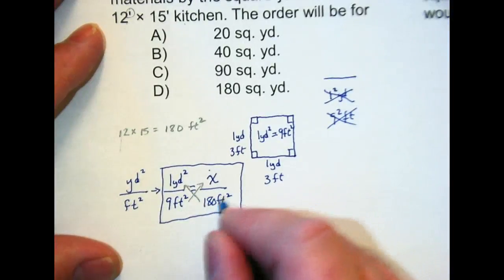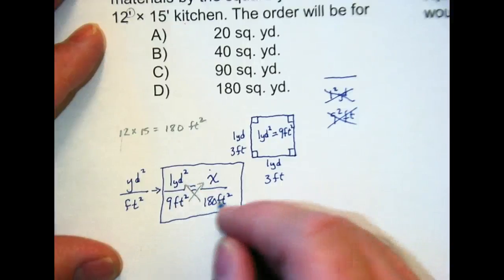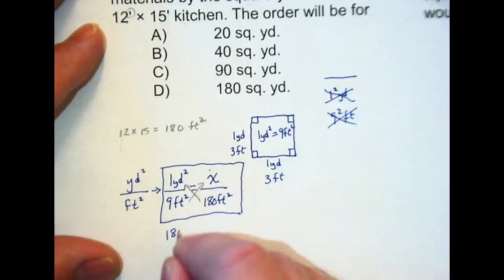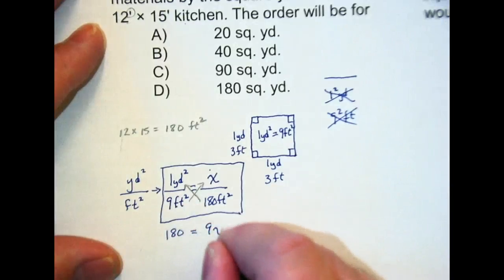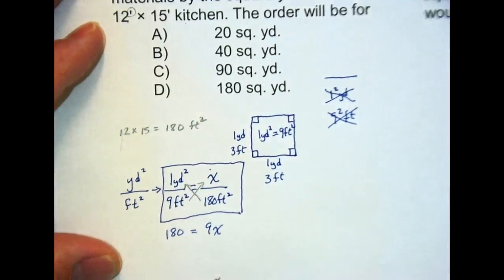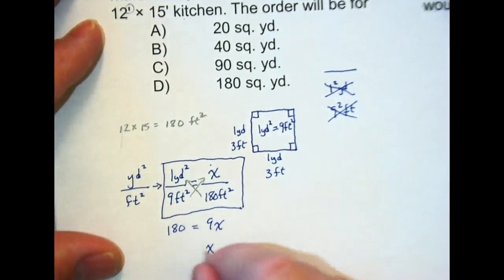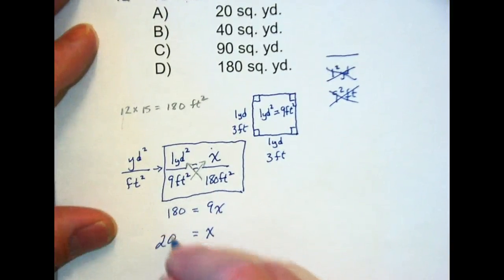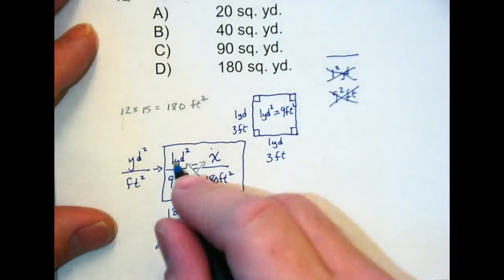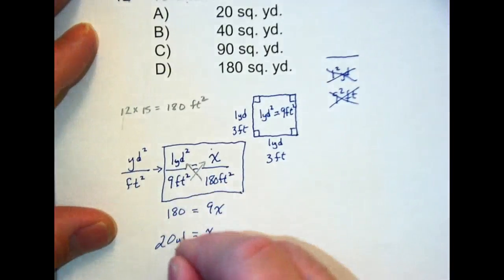Now I'm just going to ignore the labels now that I have it set up. I have 180 times 1 and 9 times x. Okay? What's x? x is 20. 20 square yards.